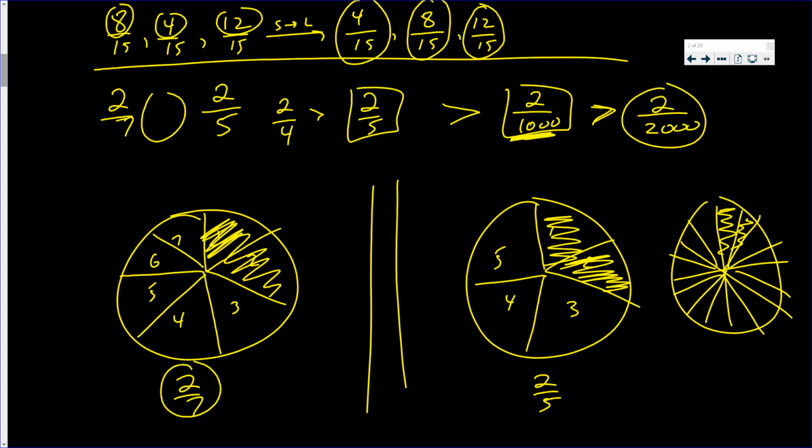This is going to be smaller. Okay, that is going to be smaller. How about the next one?